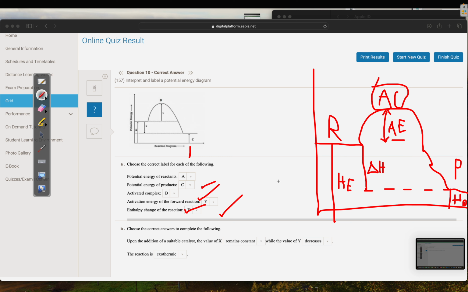The catalyst speeds up the reaction, right? So it will decrease the activation energy, which is Y, and the reaction is exothermic because, as we said, the graph of an exothermic reaction is like this, because energy is released from reactant to product.